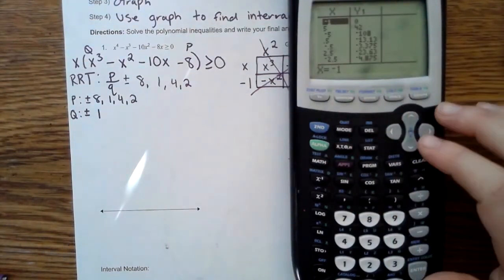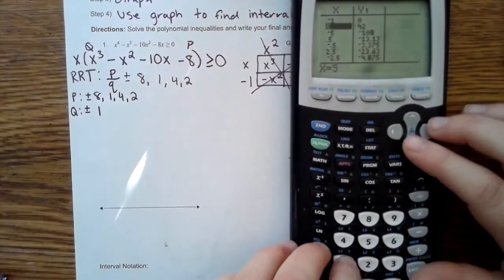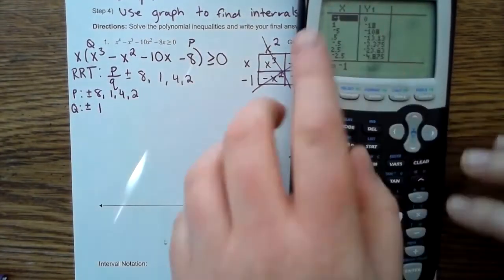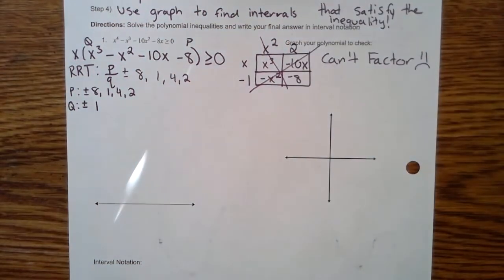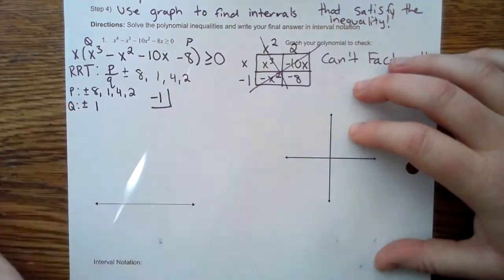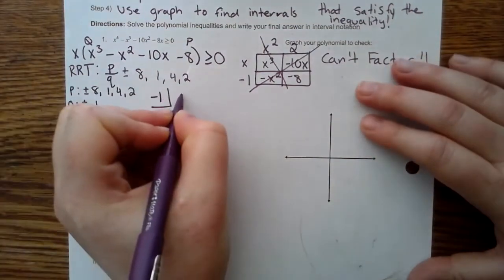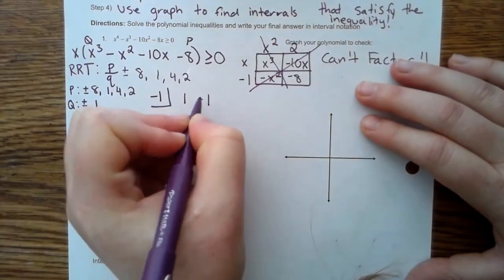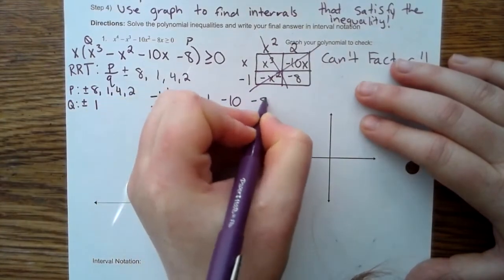Second table, let's try negative 1. Oh, cool, guys. When I plugged in negative 1, I got 0. So that means negative 1 goes in the box. So then I put all of these: 1, negative 1, negative 10, negative 8.